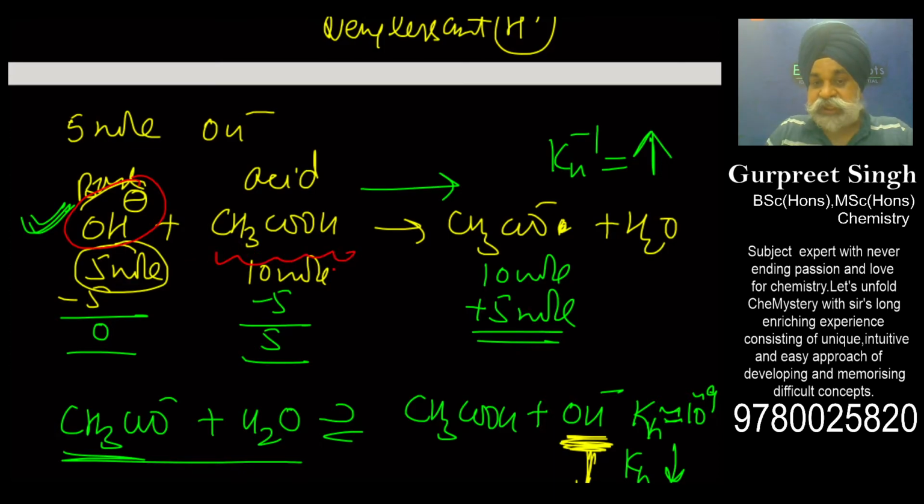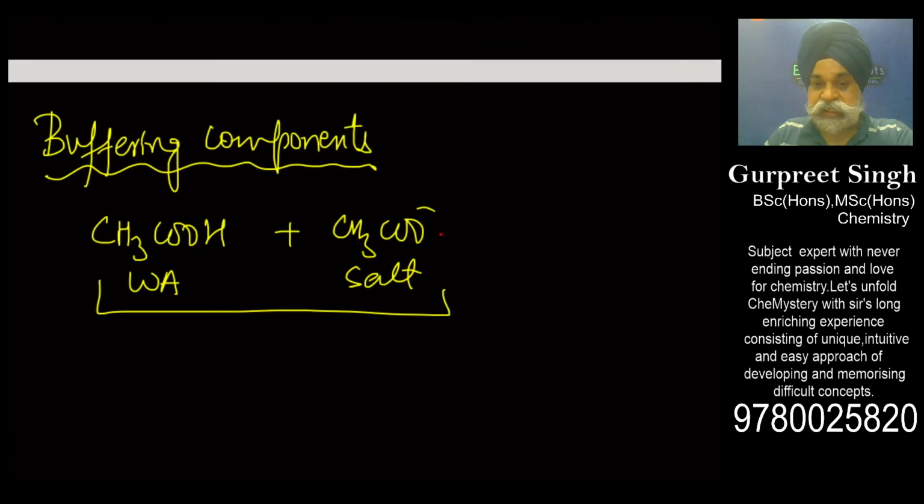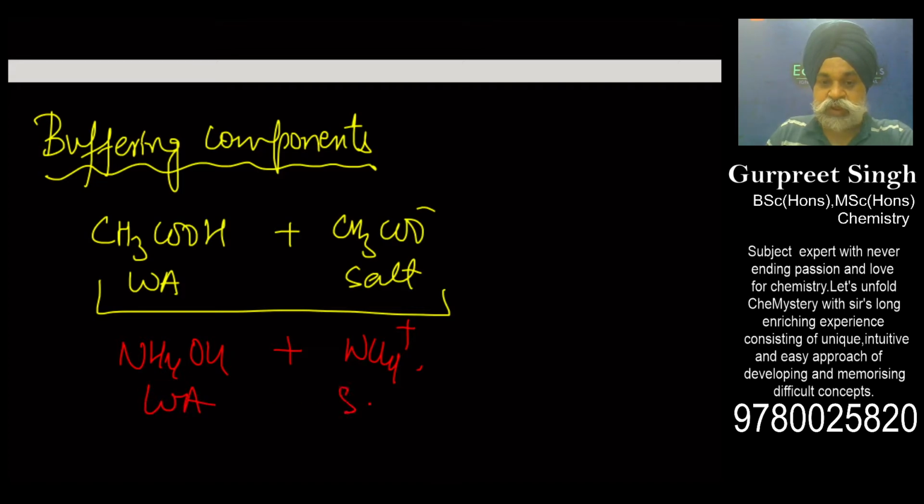Because you have a sufficient amount of acetic acid. And in the second step, this acetate ion will hydrolyze to form acetic acid. So you require two components, acetic acid and sodium acetate, or for that matter ammonium hydroxide along with its salt ammonium chloride, where this is a weak base and this is a salt of its conjugate acid.